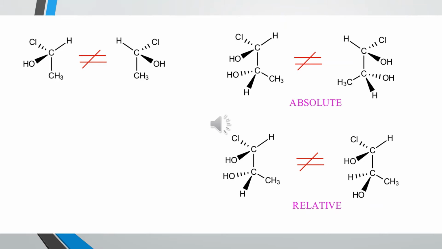properties in the lab. You can't tell them apart. Same melting point, same boiling point, same NMR, same infrared, same reactivity. So why do I indicate that they're not identical? Well, they're not identical when it comes to two and only two aspects of science.